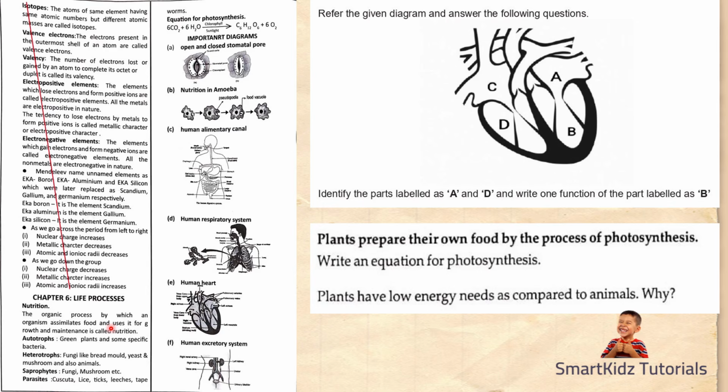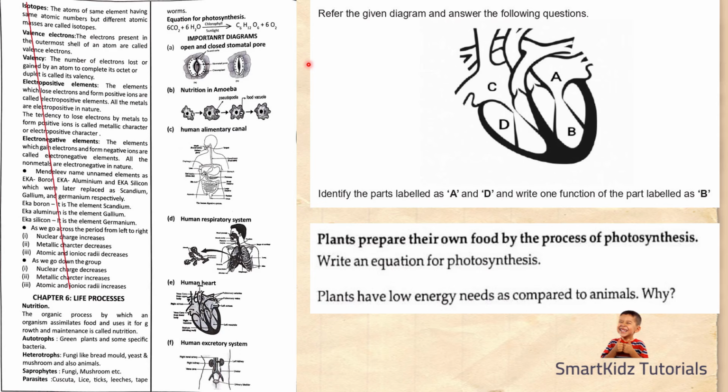In case of photosynthesis, you should know the equation for photosynthesis, which is given over here. Formation of glucose molecule, that is C6H12O6, very very important. Then you have the opening and closing of stomata. Quite a number of times it has come, so very important for 1 or 2 marks.